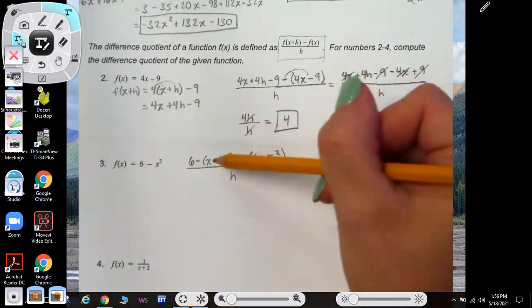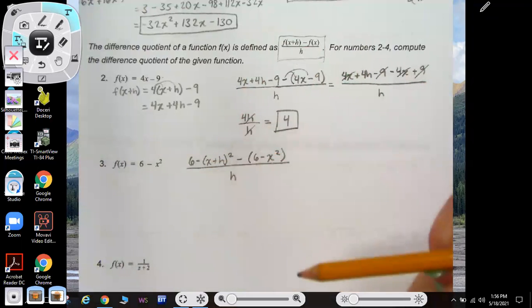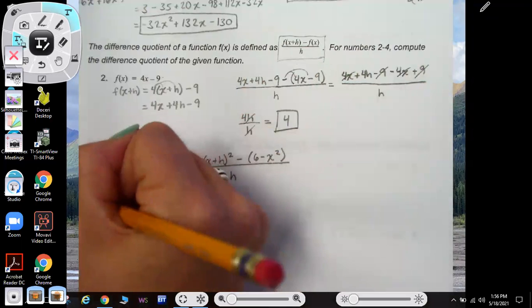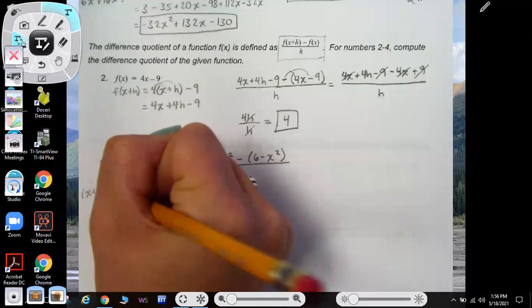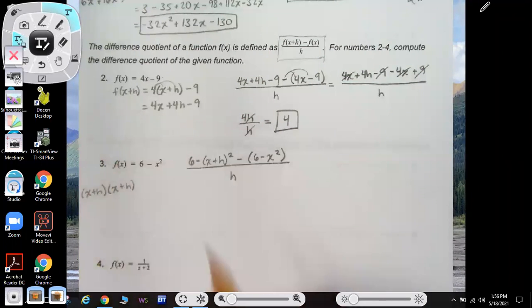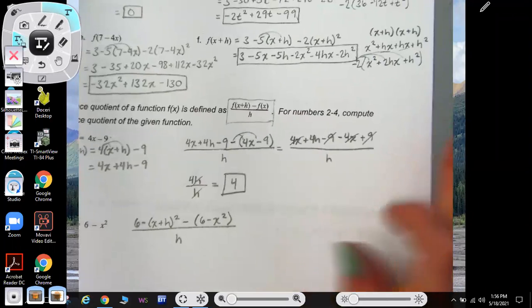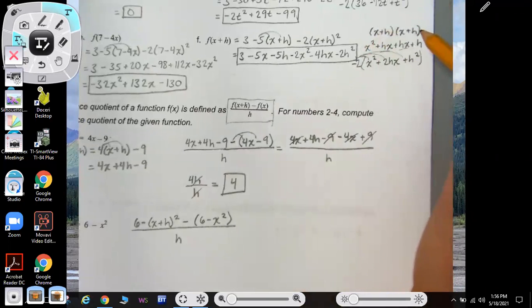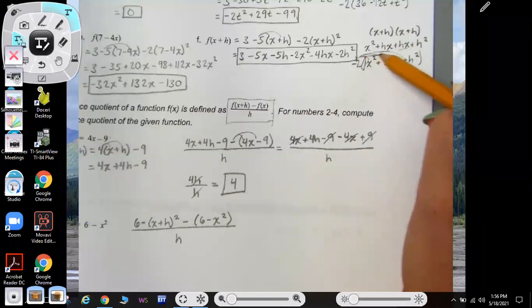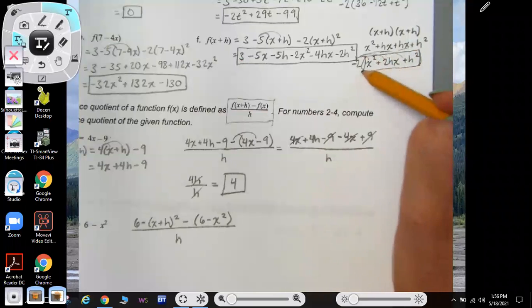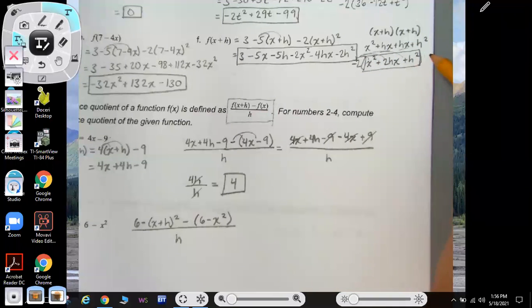Okay, let's take care of x plus h squared. That is the same as x plus h times x plus h. And we actually did that in part 1F. x plus h times x plus h is this right here, x squared plus 2hx plus h squared.